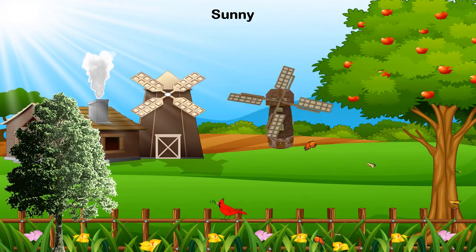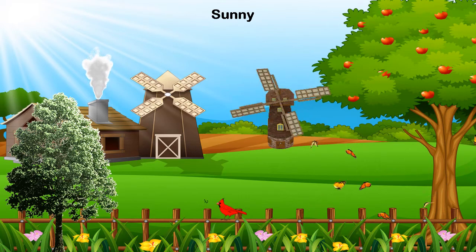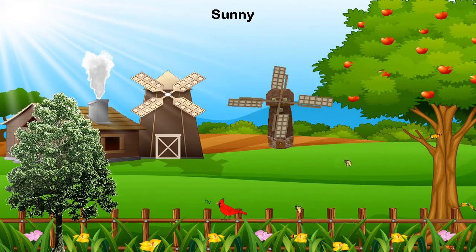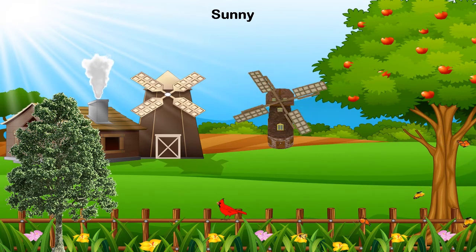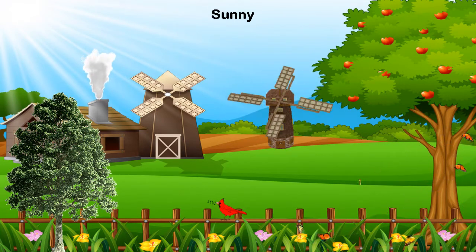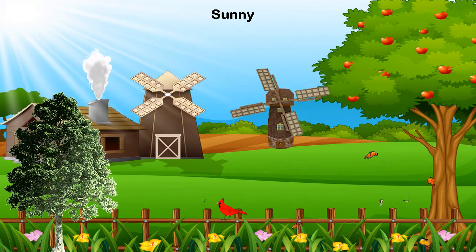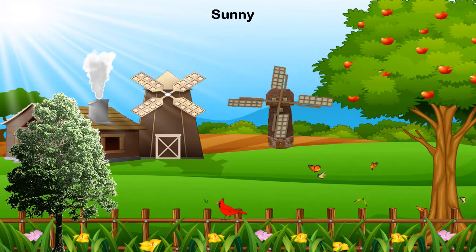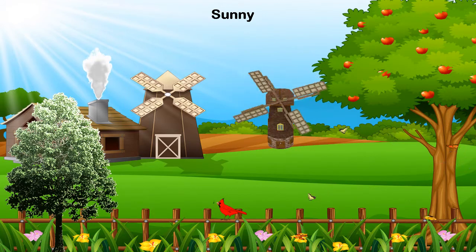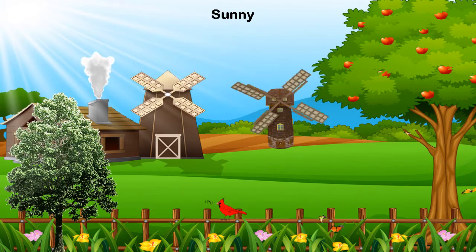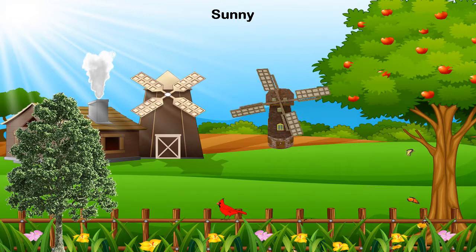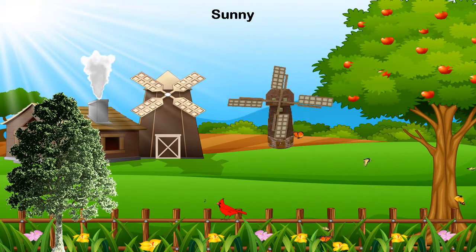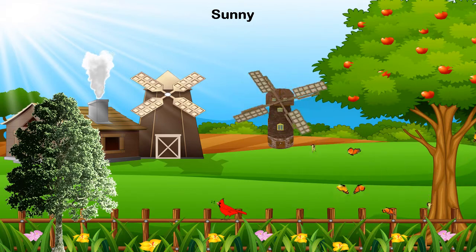For example, they will wear clothes that will keep them cool, such as t-shirts, shorts, and slippers. They also drink lots of water, and they visit their favorite places, such as the beach or the park. Now you tell me, how do you keep yourself cool on a sunny day?